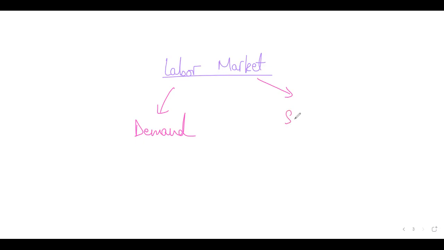And on the supply side, the individuals who are willing to work supply labor, because obviously they'll get a compensation for that. And with that compensation, they can buy their own goods and services that they need. So that's the cycle, how it works. Companies, corporations who want to produce any product are the ones demanding that labor service, and on the supply side it is the individuals themselves, people who are willing to work.